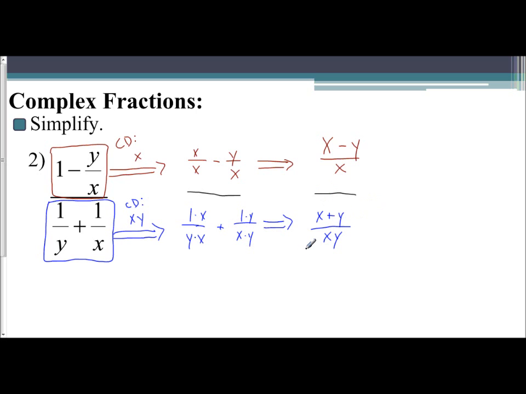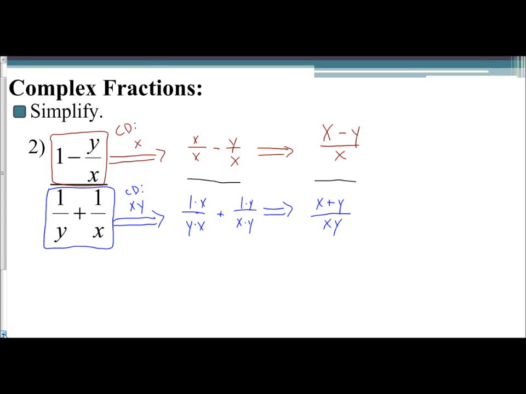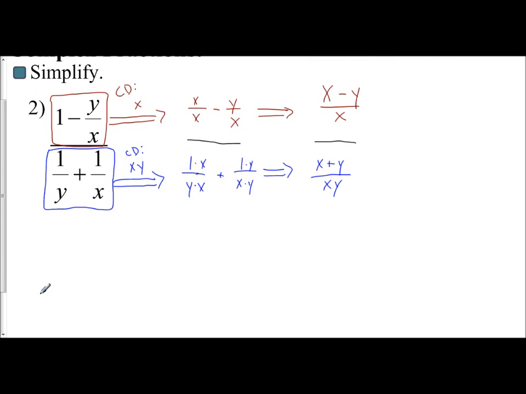From this point, again, the vertical approach is hard for people to see what to do. So I go right to realizing what this means. Instead of rewriting the whole thing horizontally, I'm just going to rewrite this bottom part. I am dividing by x plus y over xy, which means I have to flip and multiply by xy over x plus y.